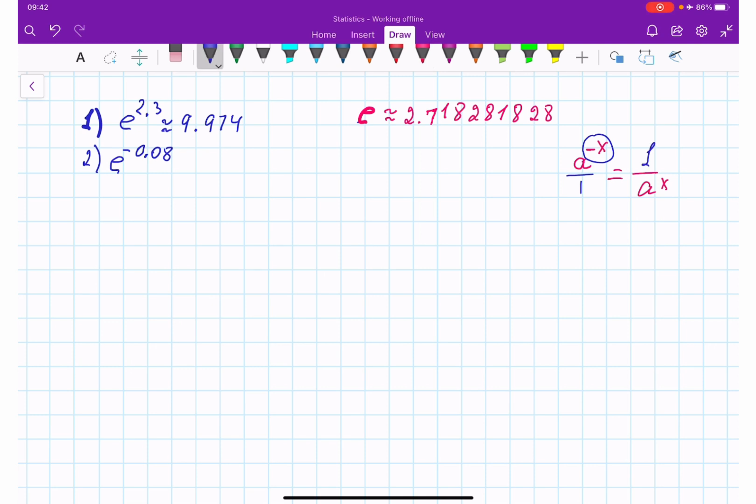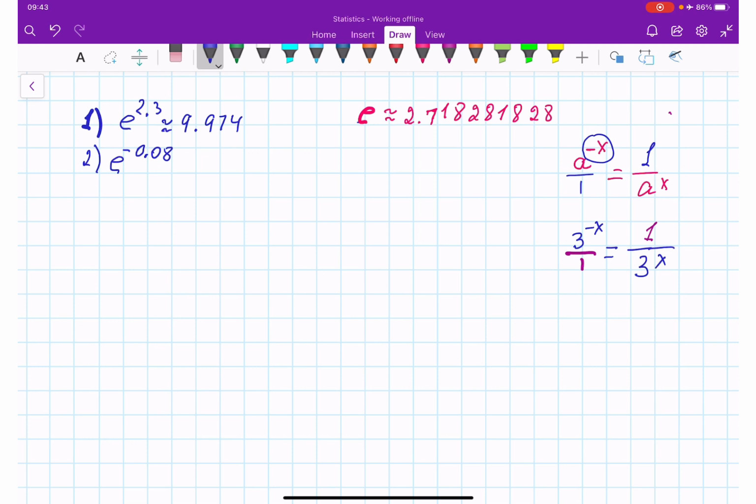That's all it flips. So for example, if you have, let's say, 3 to power negative x, we understand the denominator is 1, right? Since we have a negative, to get rid of the negative, we're going to flip it. So the 1 will come on the top, and 3 will go to the bottom with positive x.